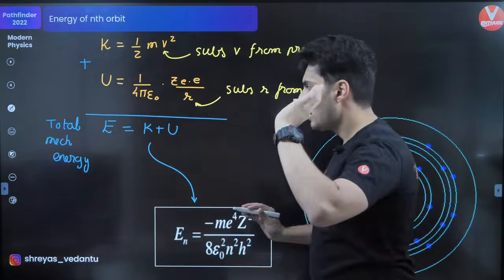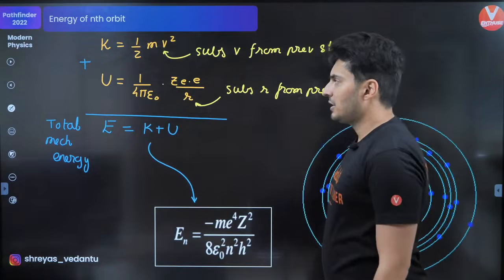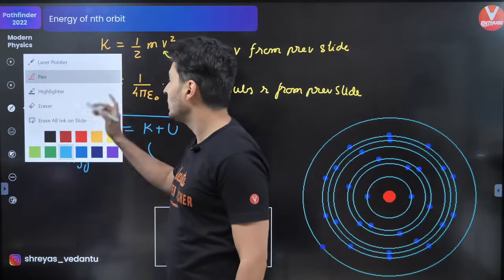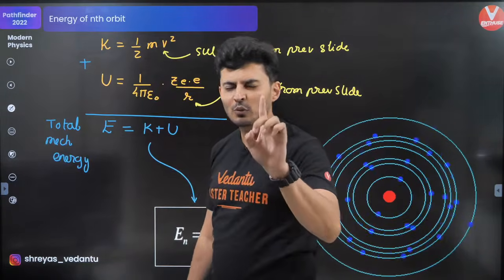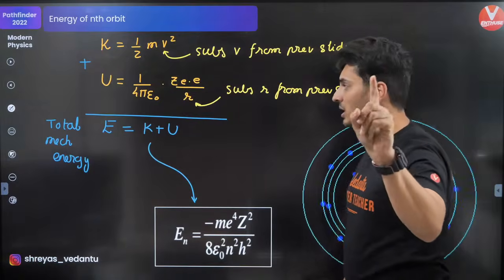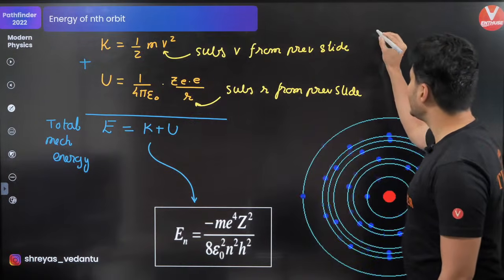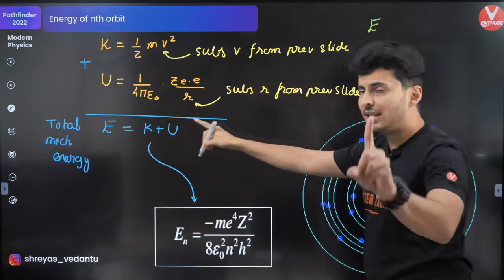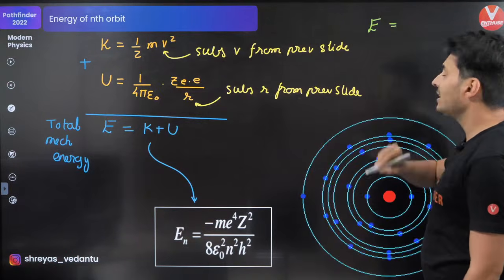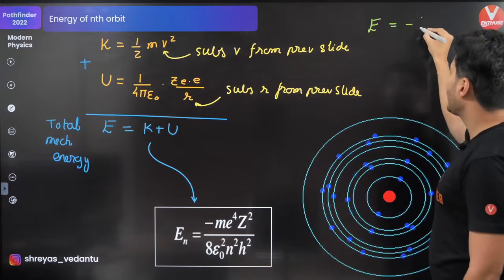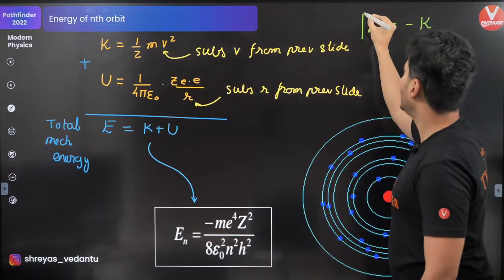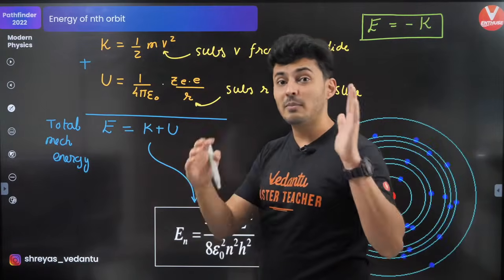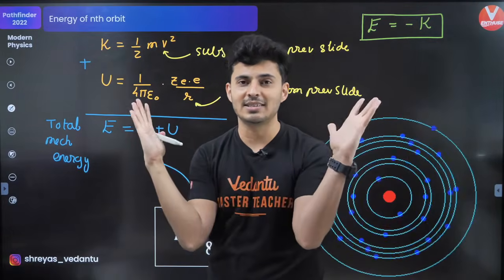Hold on. Once you get all these expressions, you can check it out even at home. There is one beautiful relationship between all three of them. Very, very important and very, very crucial. Listen in. You will see that the total energy is exactly opposite in sign of kinetic energy. Sign wise, it's exactly opposite. Magnitude, modulus values are same.